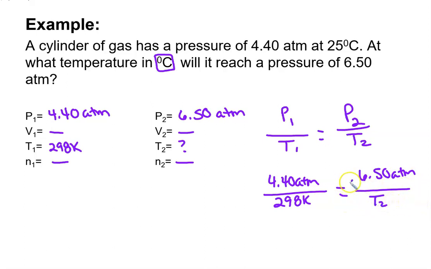This time I'm going to multiply these two variables, and I'm going to end up dividing by the 4.40 because that's what goes with X. So I'm going to multiply 298 by 6.50, and then divide by that 4.40.